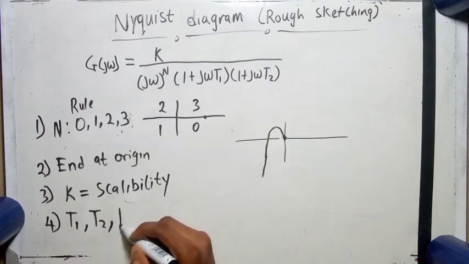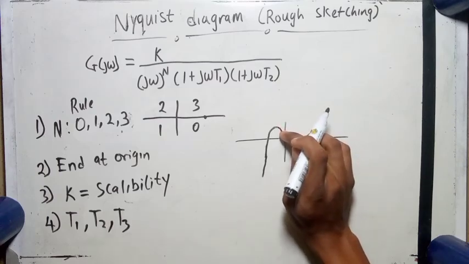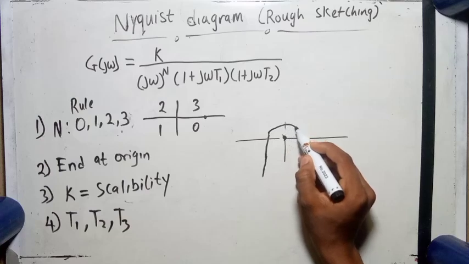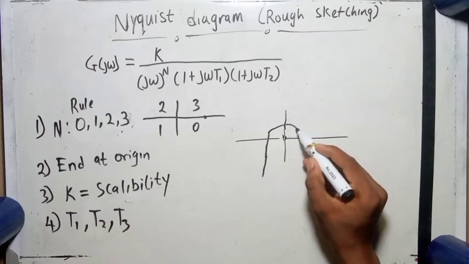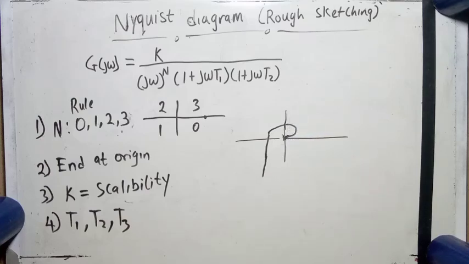The same thing happens when T3 is also given to us. You enter the first quadrant this time around and still end at origin. So this is just for a rough sketch. It's not the exact picture, but a rough sketch. So it will guide you on how your graph should look.